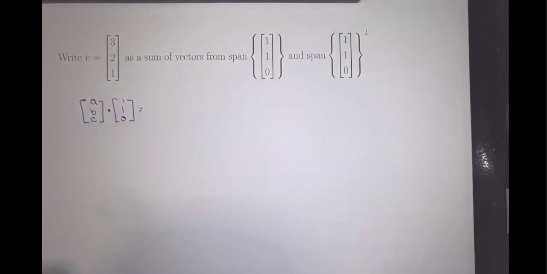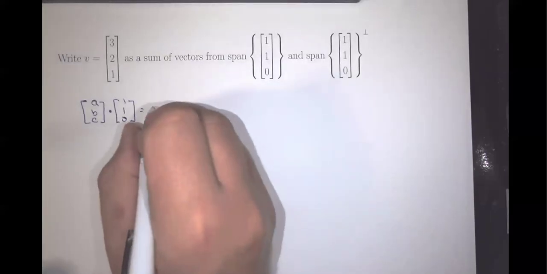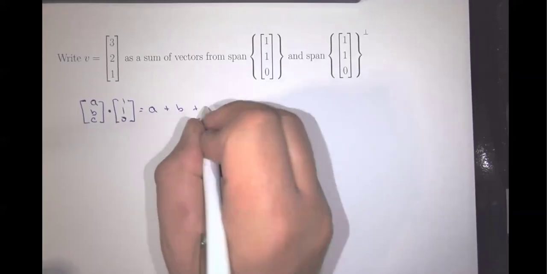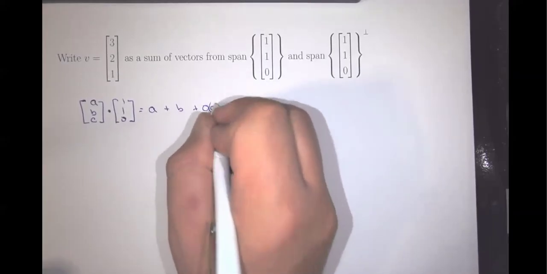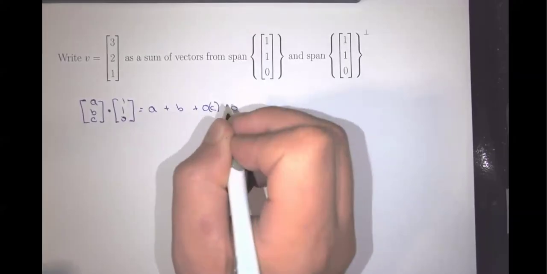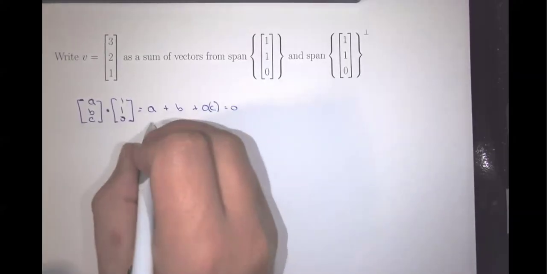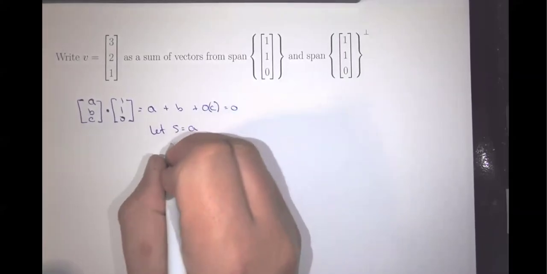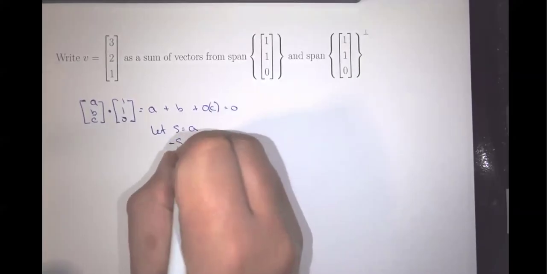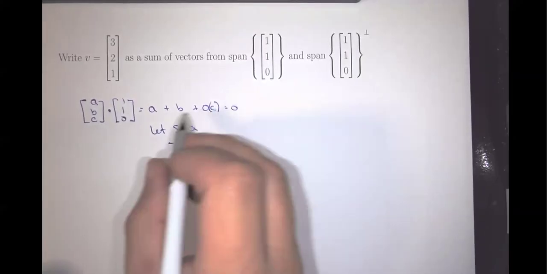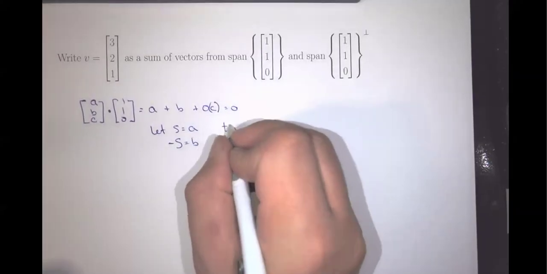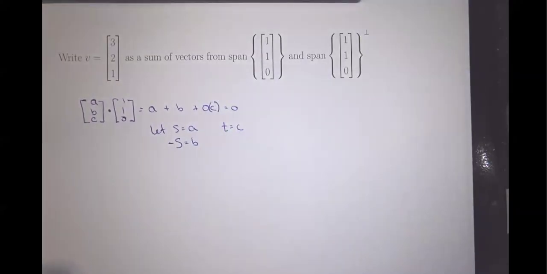So this is going to be A plus B plus 0C equals 0. So I'll let S be equal to A, which means B is equal to negative S. And then C can be anything. So we'll let T be equal to C.